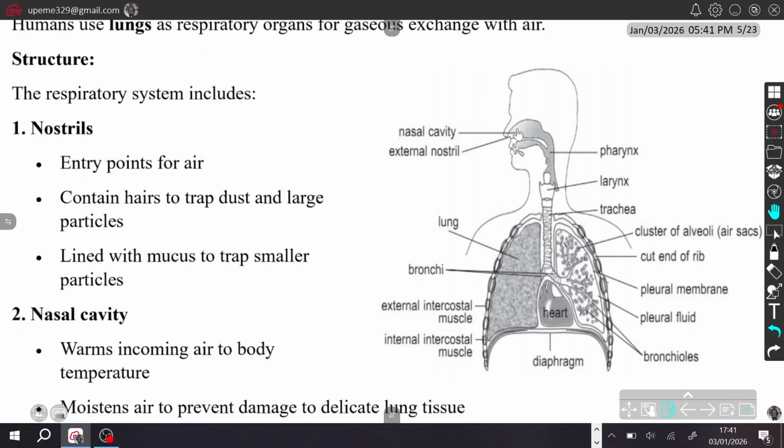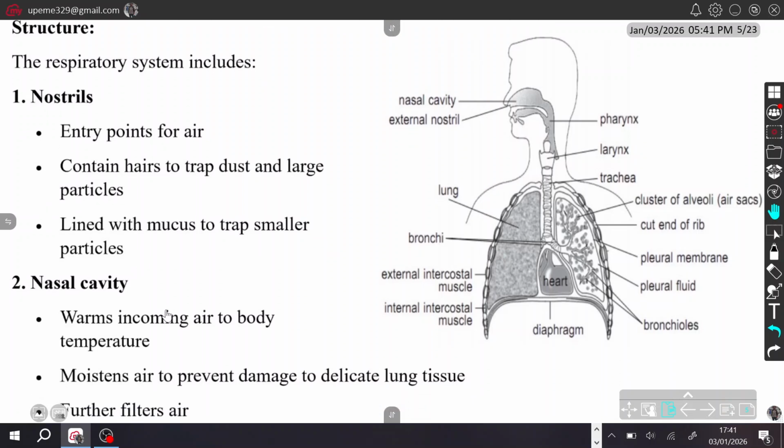The mucus there traps smaller particles. So the nostril, as part of the respiratory system, is an entry point for air, contains hairs to trap dust and large particles, and is lined with mucus to trap smaller particles.